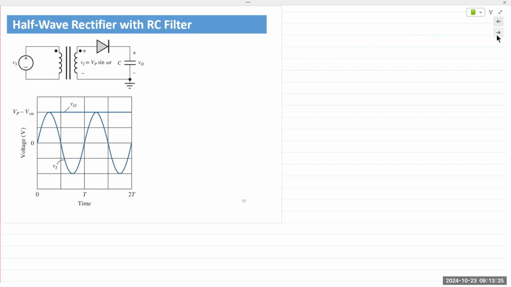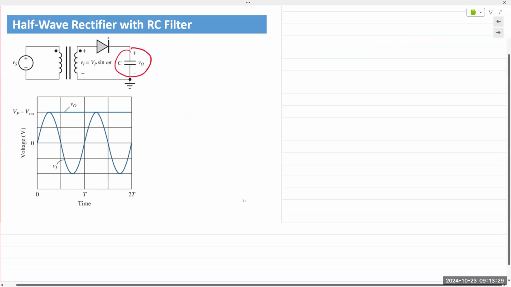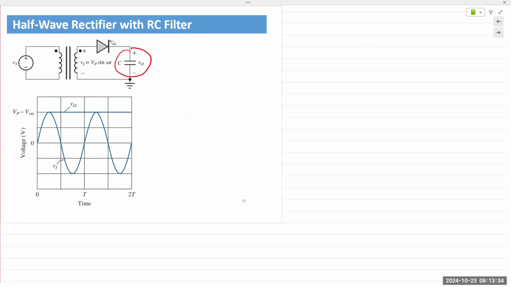Okay, so here's a rectifier circuit or a half-wave rectifier circuit with a filter capacitor attached at the output. Now, before we get into that, I'd just like to recap a little bit of the mathematical representation of a sine wave. So I'll take you back to Circuits 2, I believe.